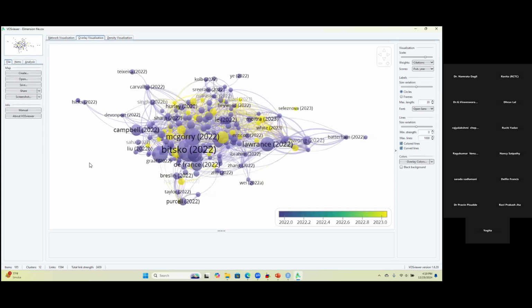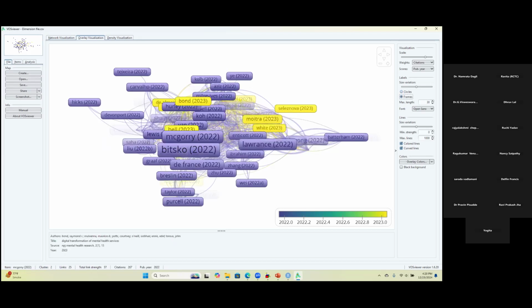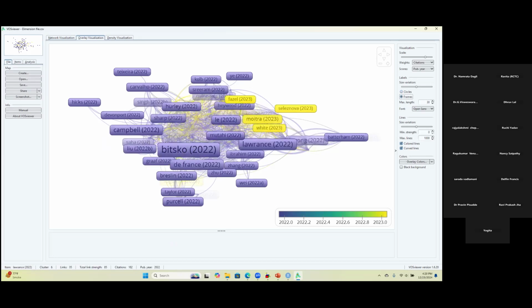Now, in this graph, there are too many items and too many connections, so it is difficult to interpret. I need to reduce my number of items to make it more clear. I can use frames also, but then the connections are less visible, so I prefer using circles.